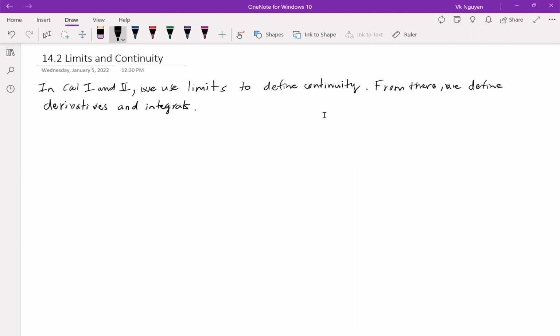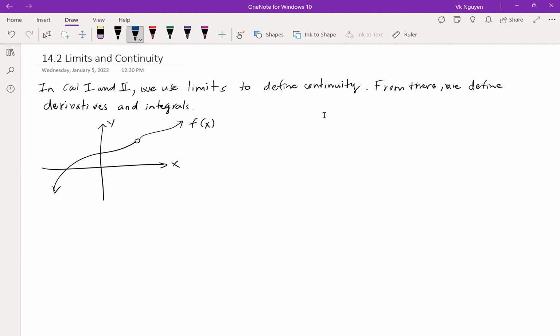Okay, so remember the limit in those classes, that is what the limit looks like here. So you have a function, x, y, and let's say you have something right here, f(x).